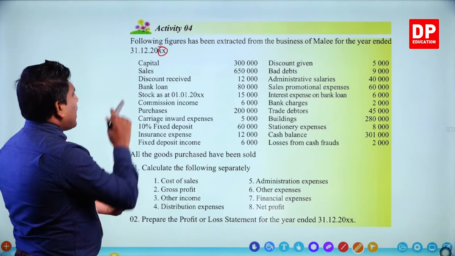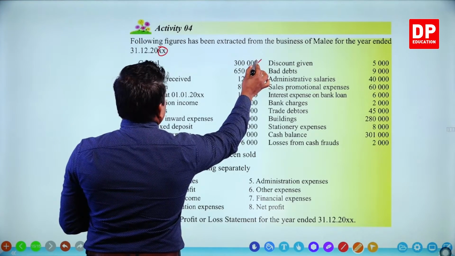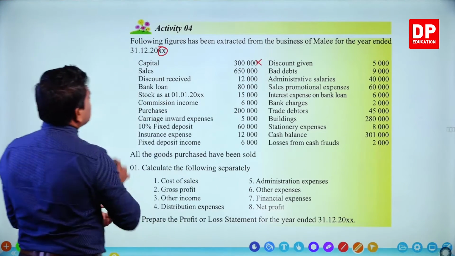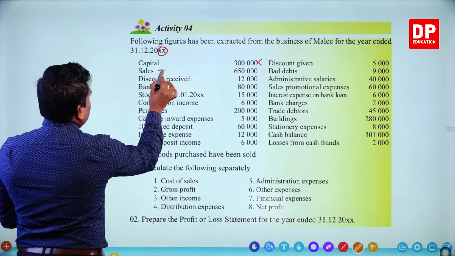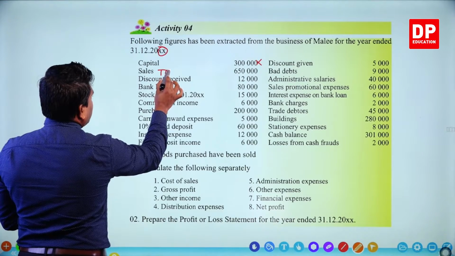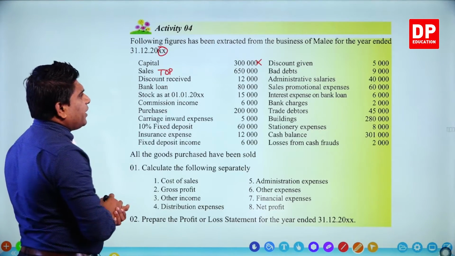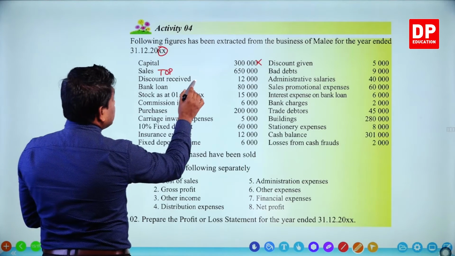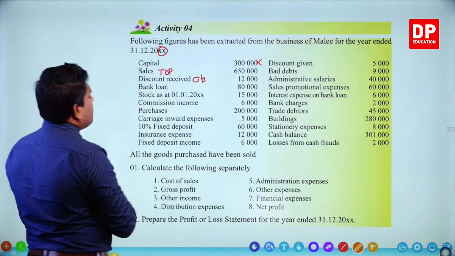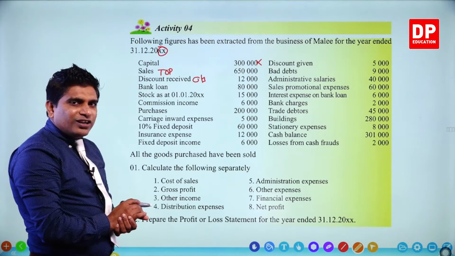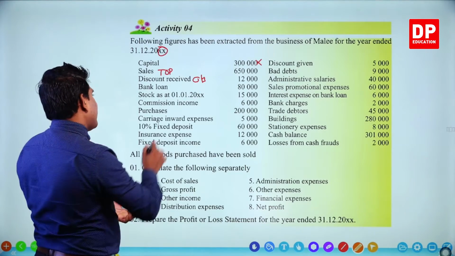Remember, capital we don't take, because capital is equity. Sales, top of the profit and loss statement. Discount received, other income. Bank loan is a liability, so we don't take it.